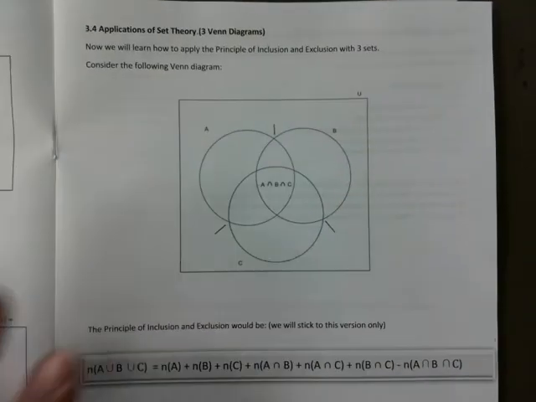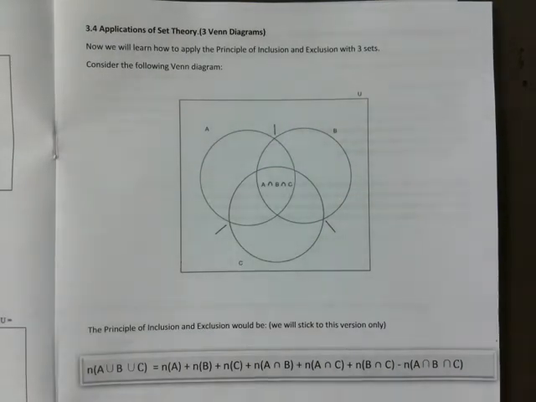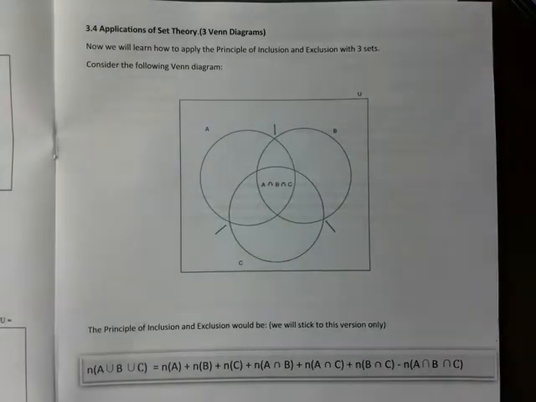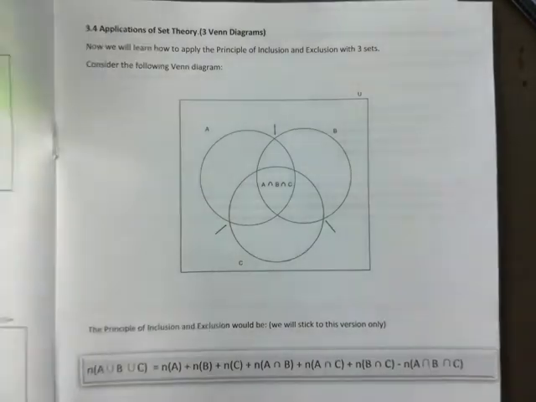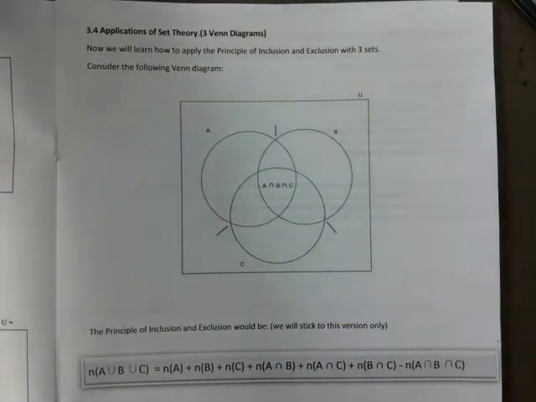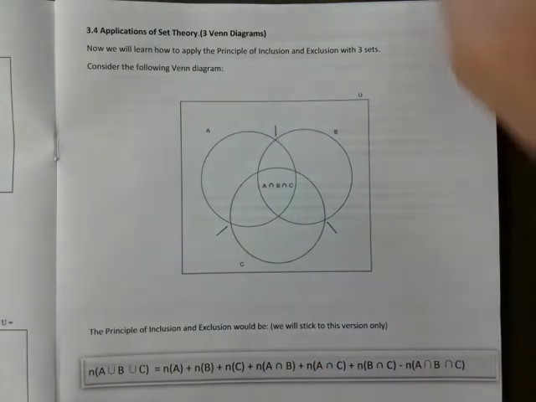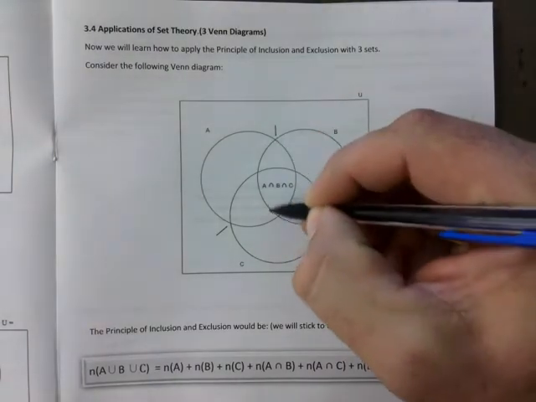So let's go to applications of set theories, 3 Venn diagrams. If you have your highlighters, this is a very good one to have them. We're going to focus a little bit on which 3 colors did I use? Yellow, green, and orange, on my original. So we're going to focus in on these intersections.